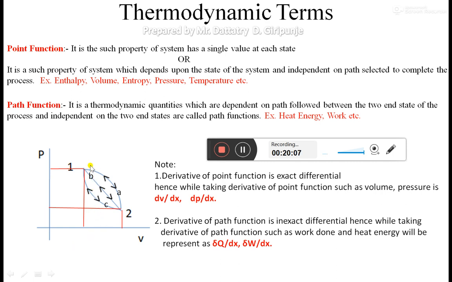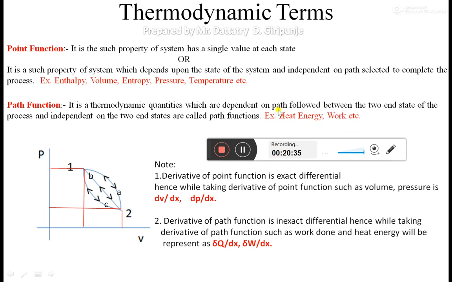In the same way, the process depends on how you travel between the end states. So this is a path function, which depends on the path you have selected between two end states for the transformation.